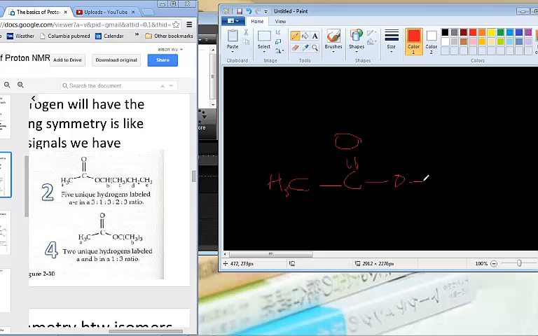So O, C. All these hydrogens are the same, because if you look to the left it's a carbon connected to oxygen and to another methyl group. For this one it's the same. If you look to the left, it sees an oxygen connected to 2 other methyl groups. So that's why all these hydrogens are the same.